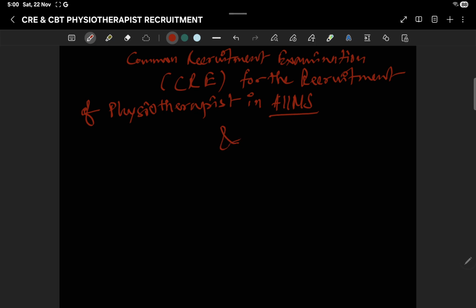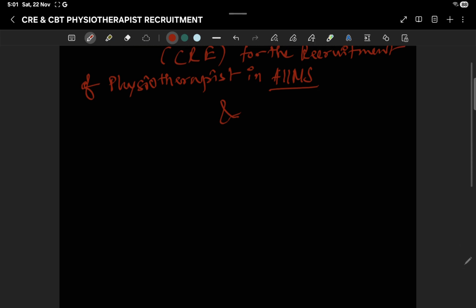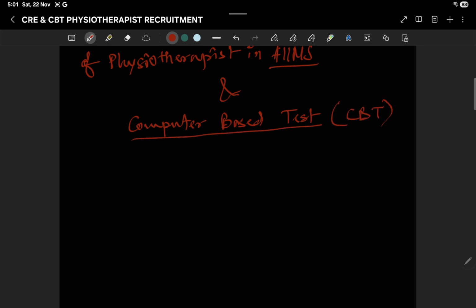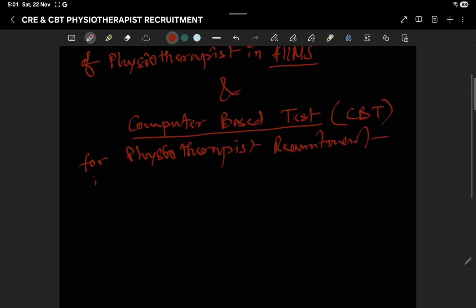Along with that, we'll also study the multiple choice questions of CBT, or computer based test, for physiotherapist recruitment in various state government hospitals.